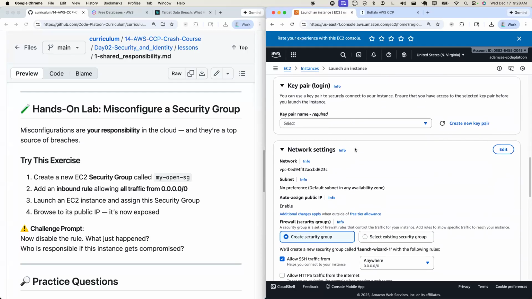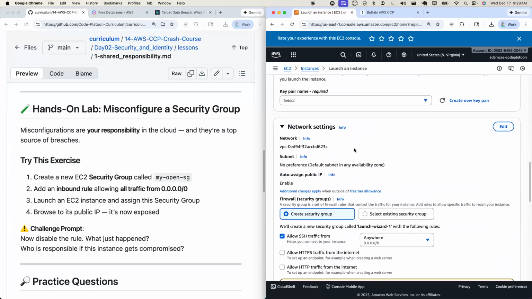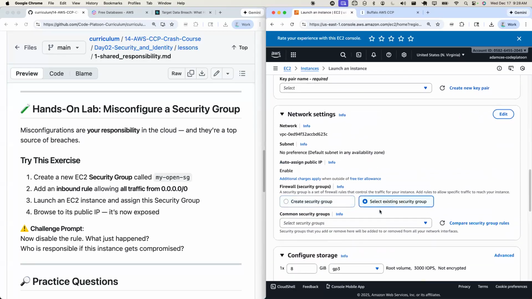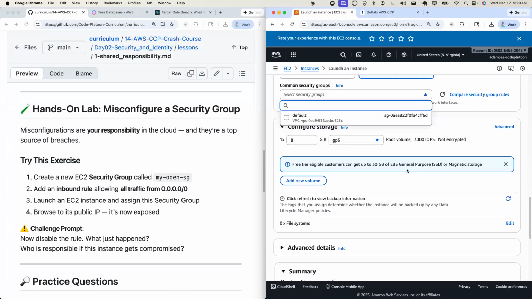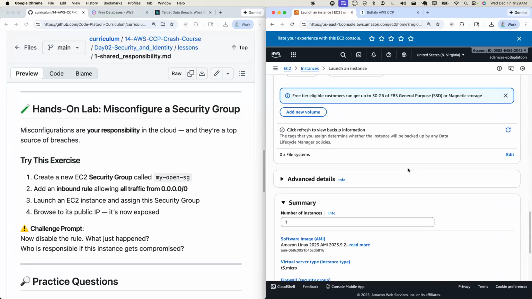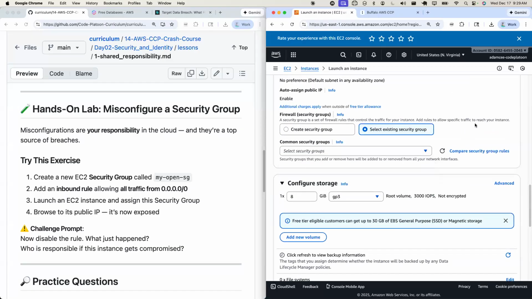I'm not even going to worry about a key pair, and let's add it to our security group. It might not have found the security group yet.